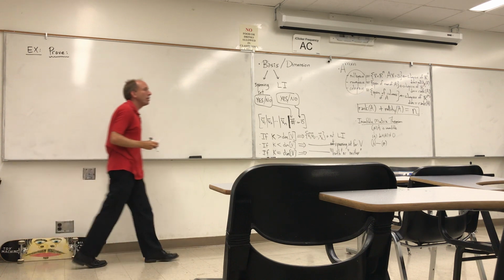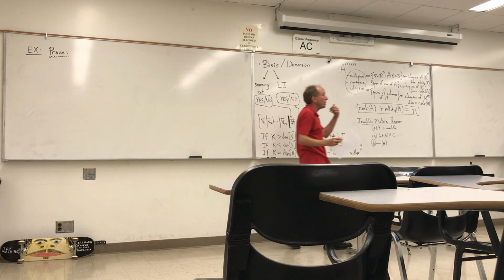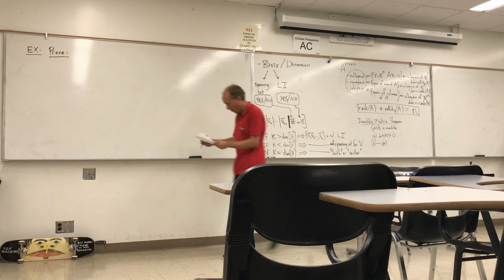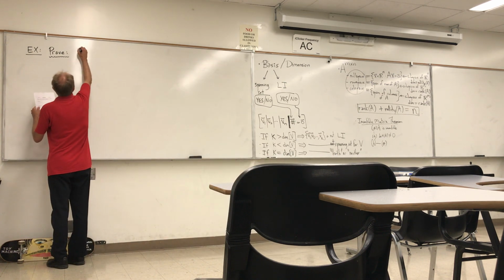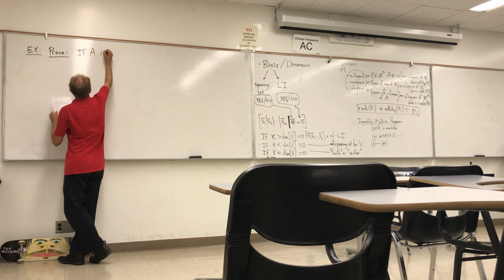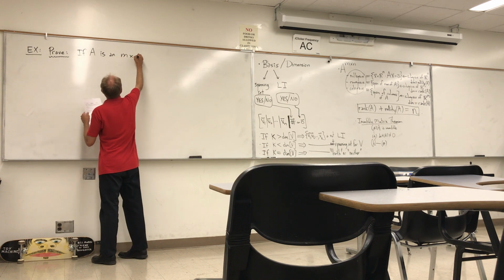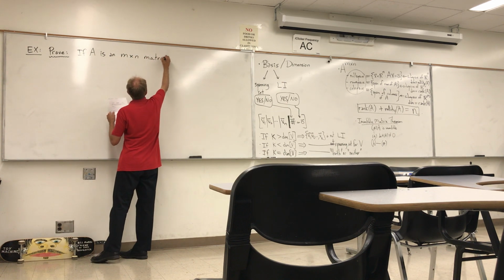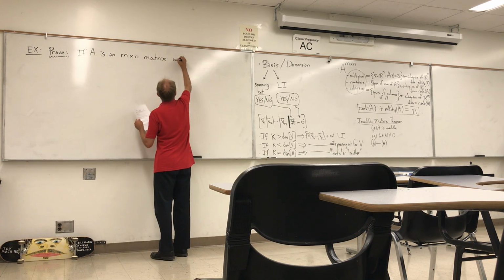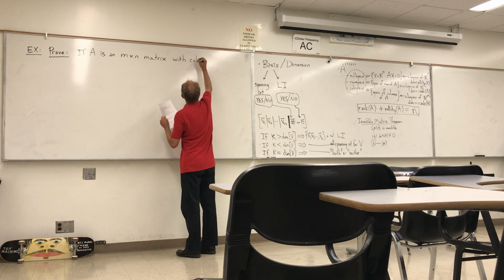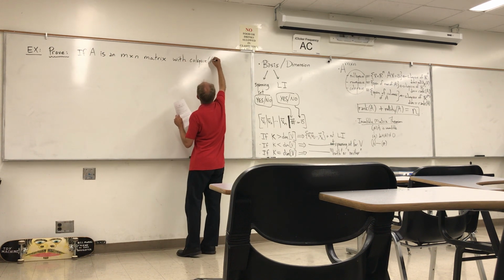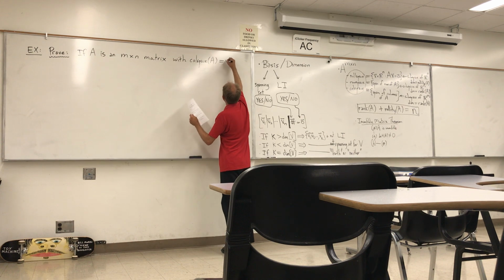I haven't written it yet, but I know I will ask you something that you have to explain. So prove, or explain, in other words, if A is an m by n matrix with the column space of A equal to the null space of A.